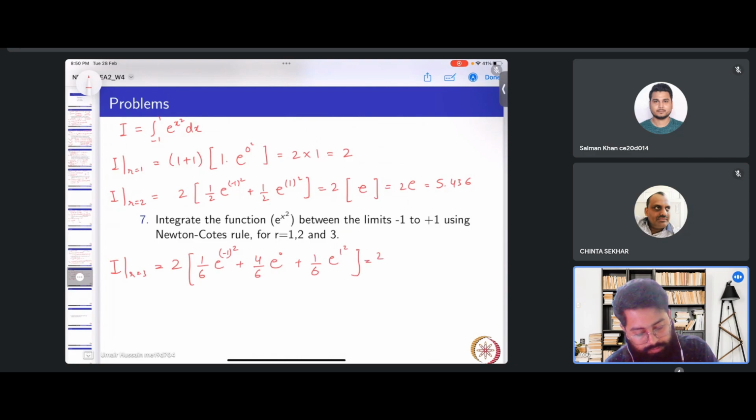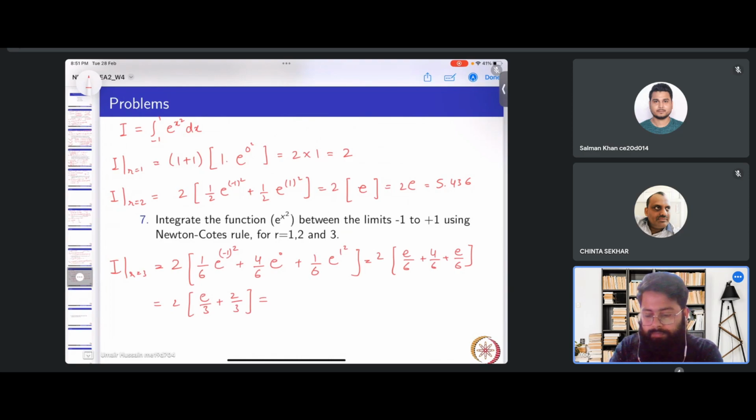So we get 2 into e by 6 plus 4 by 6 plus e by 6. 2 times e by 3 plus 2 by 3. That gives us 3.145.